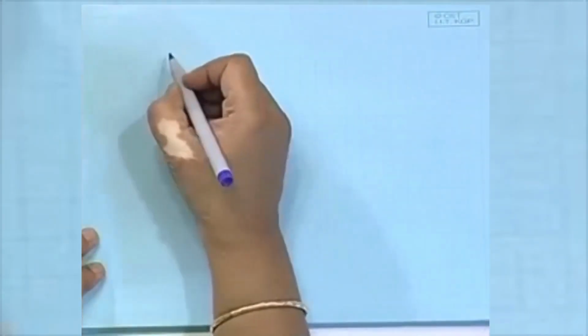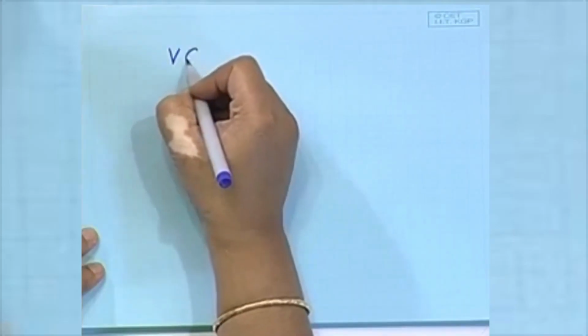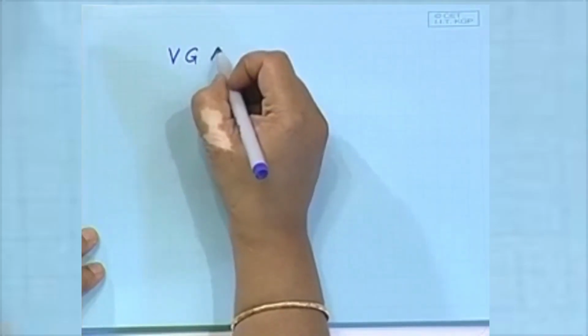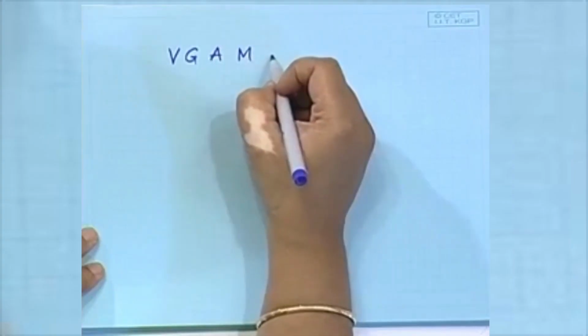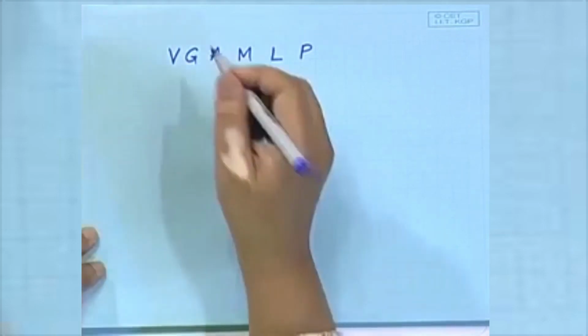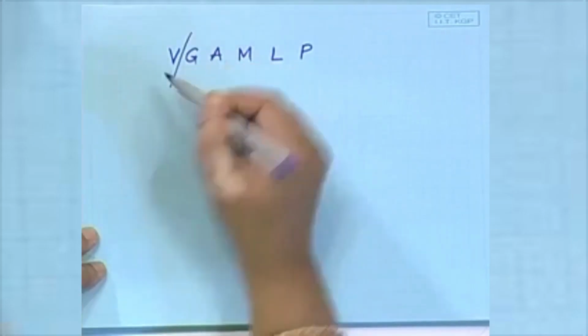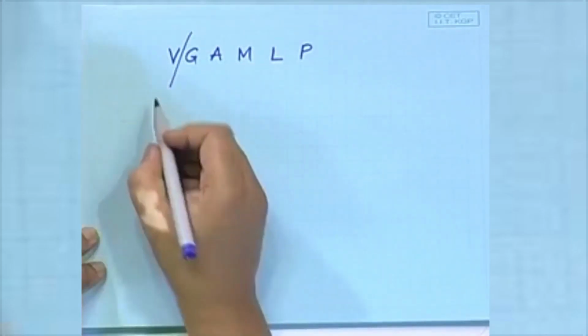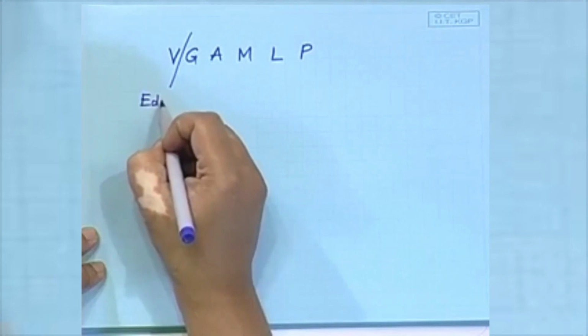we have our polypeptide chain, which is VGAMLP. If I use Edman degradation, what will I get from Edman degradation here? The first amino acid I will get is V, if I do Edman's method.